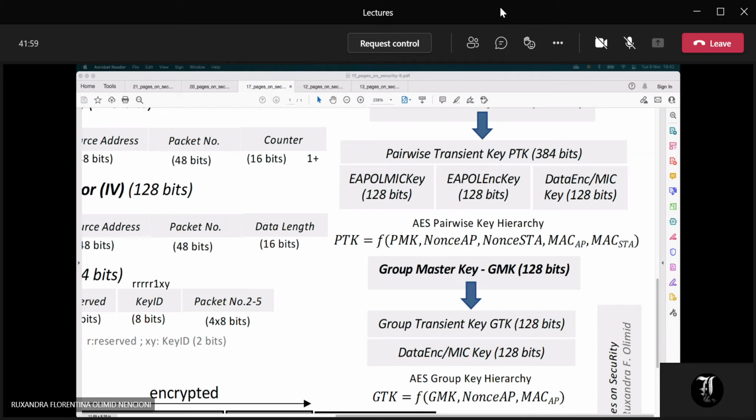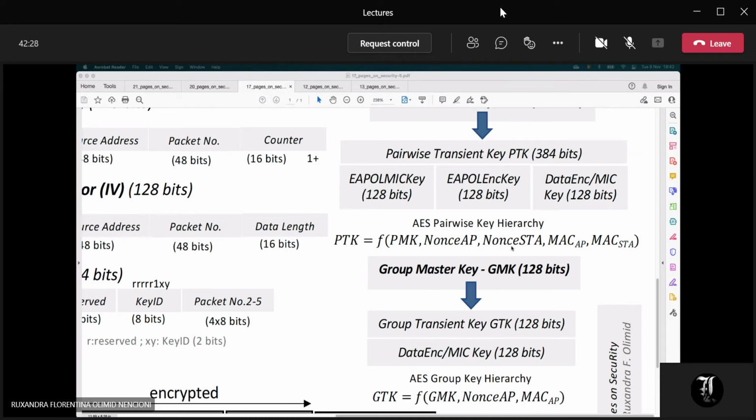Because we have the nonce of the station there, it would not impact it as much. Yes. If the nonce selected by the station is good, so if the station has good randomization, I don't care about this one, because overall I will have a nonce, so I will still have a good PTK.